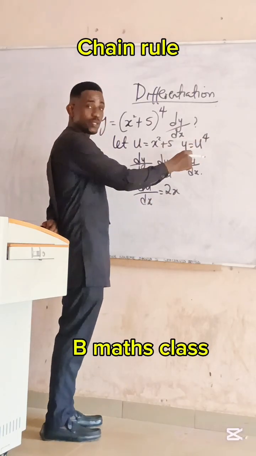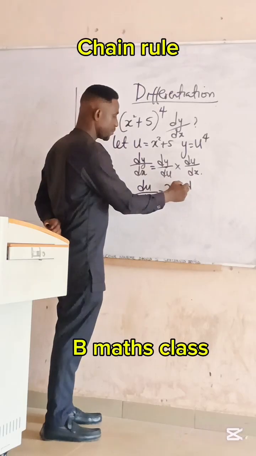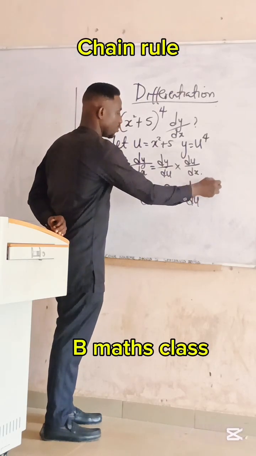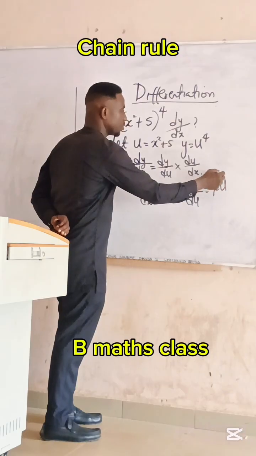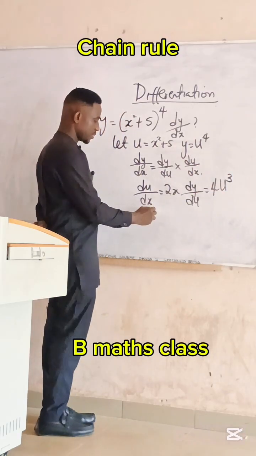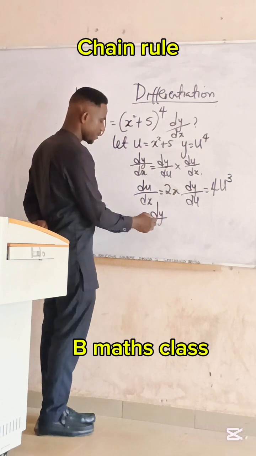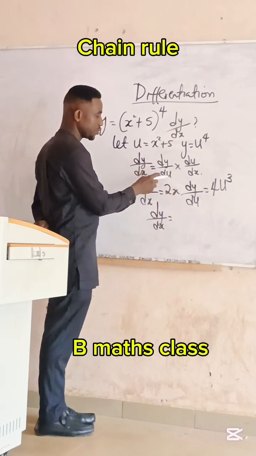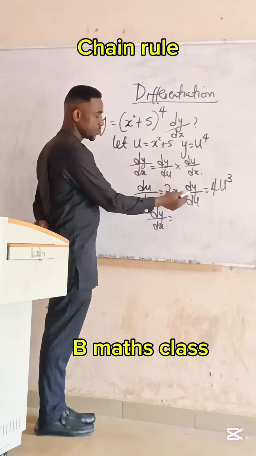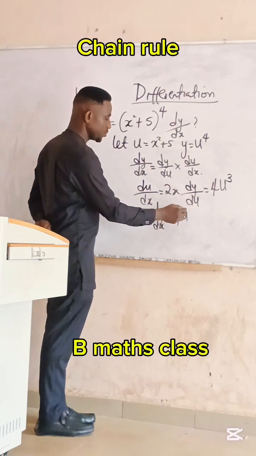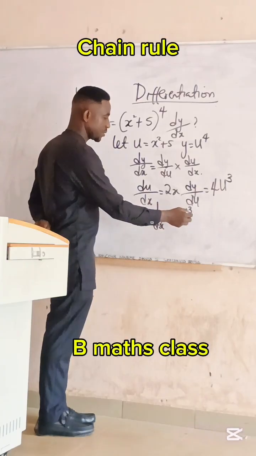Differentiating y with respect to u, we have dy/du is equal to 4u, 4 minus 1 is 3. So that dy/dx will be, anywhere you see dy/du, copy and paste the value. So we have 4u raised to the power 3.